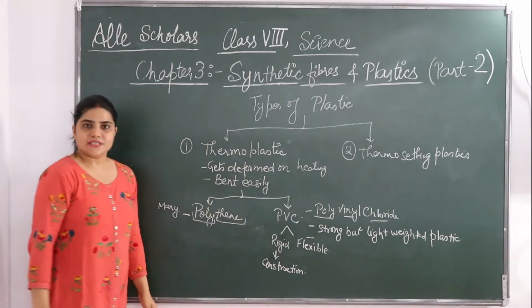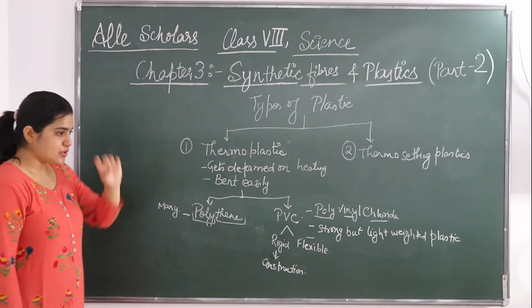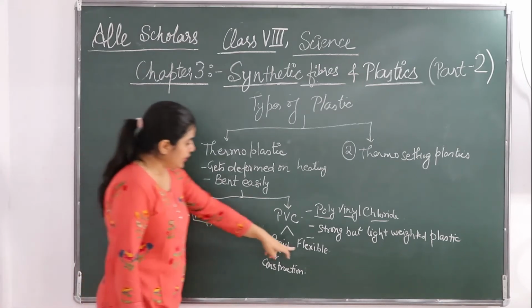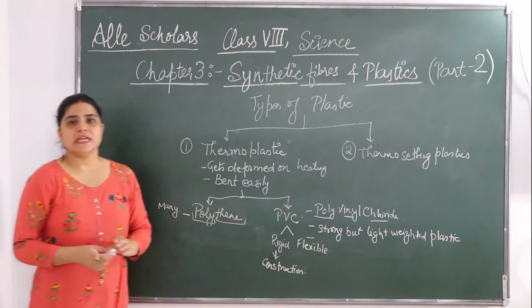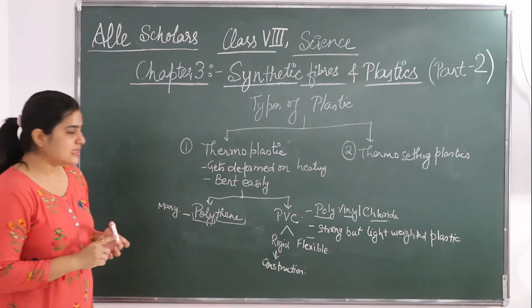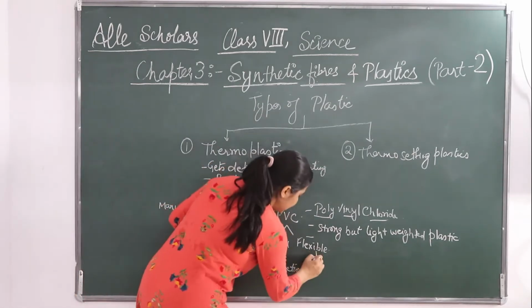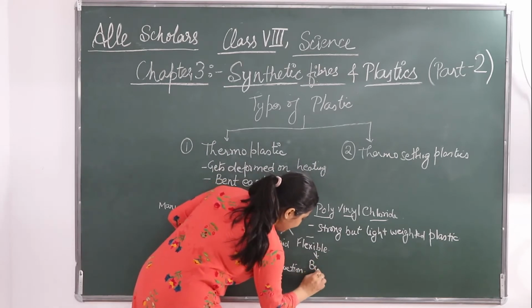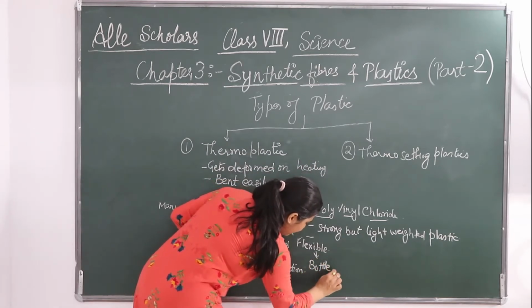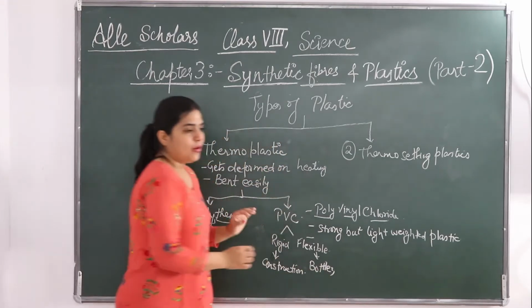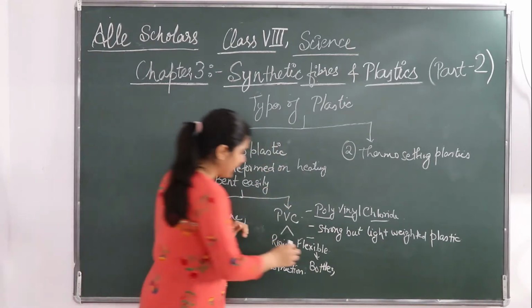And if we talk about flexible PVC, it is used for making bottles. That's why these bottles are very flexible. You can deform it. It is used in making bottles and in non-food packings.